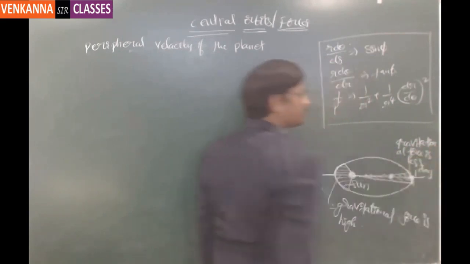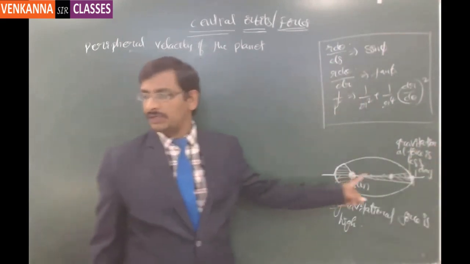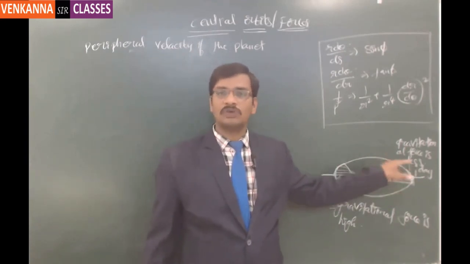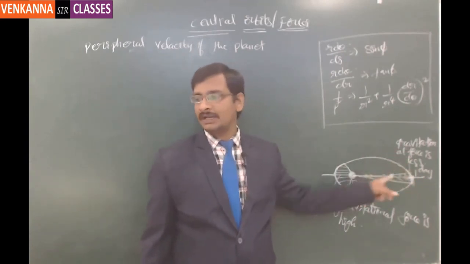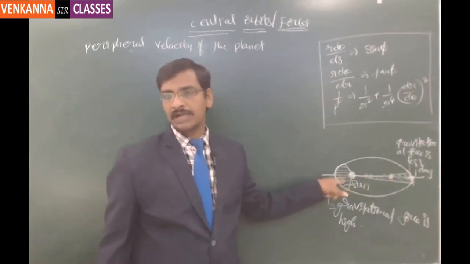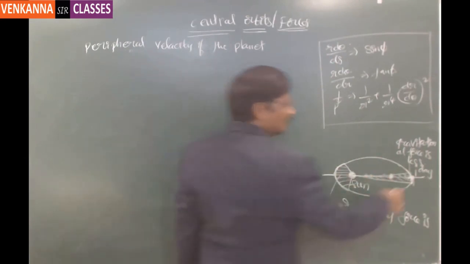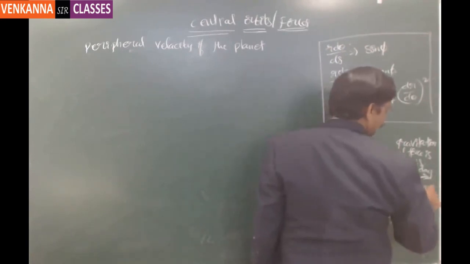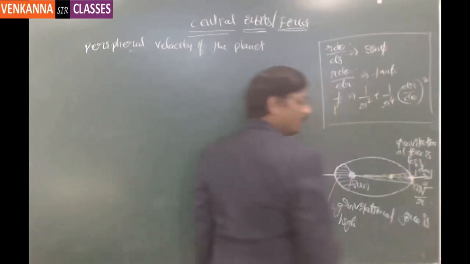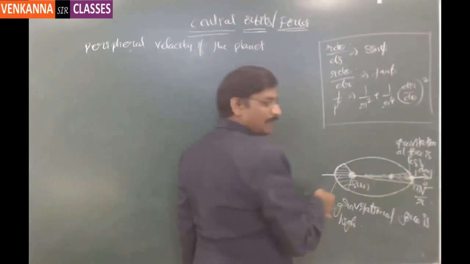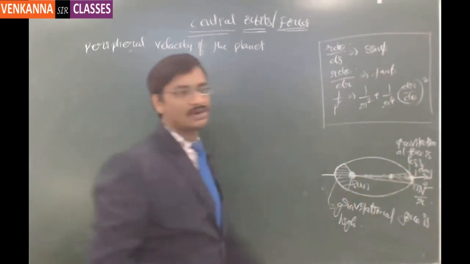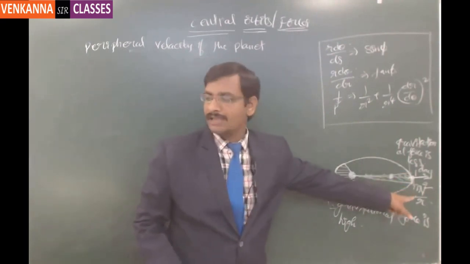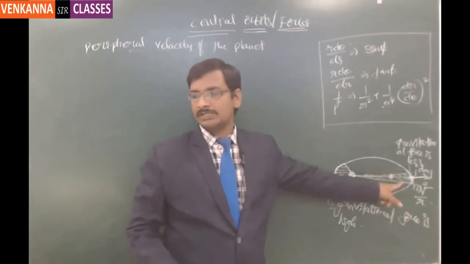If the gravitational force is less, then even if it travels with a lesser velocity, the centrifugal force is sufficient to balance the gravitational force attracting towards the sun. The outward centrifugal force for the planet is given by mv square by r, and the inward centripetal force given by the sun is called the gravitational force. These two are smaller and are balanced to travel in the elliptical orbit at this location.